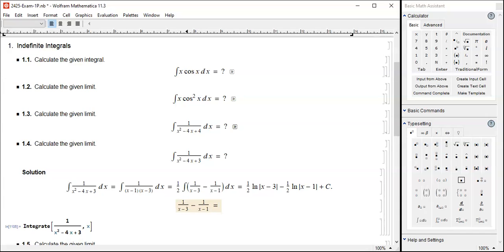If you take a common denominator, basically what you get is (x minus 1) minus (x minus 3), and if you do it right, you're going to get 2 over (x minus 1)(x minus 3). The denominator stays the same. So you get 2. And how do you undo this 2? That's where this 1/2 comes into play.